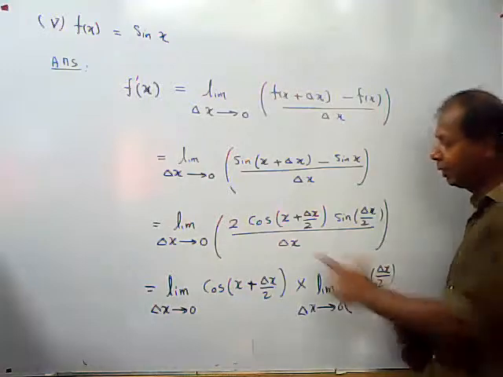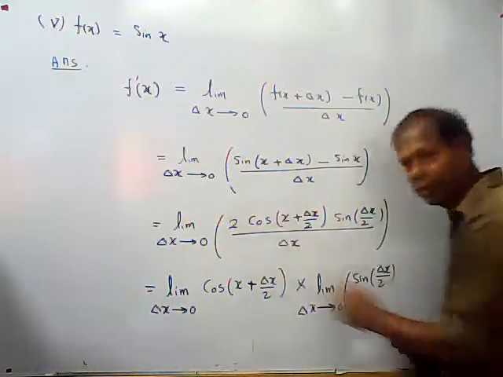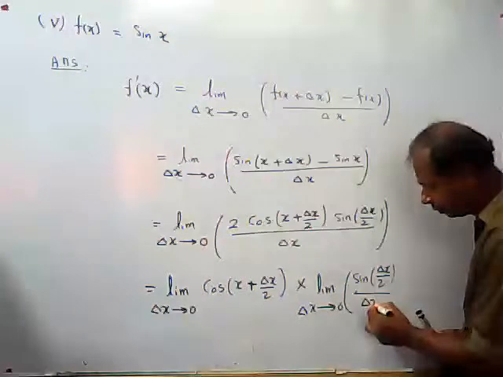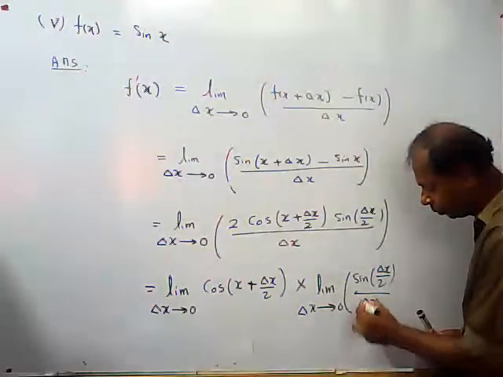We need delta x over 2, so we'll take this 2 there and write delta x over 2.